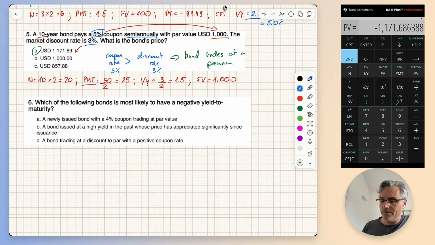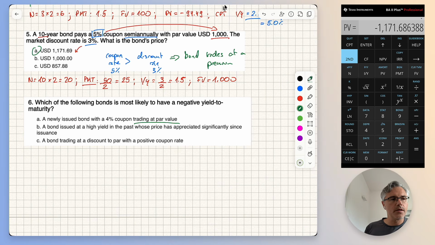And to finish off, the final one of these questions is theoretical. Which of the following bonds is most likely to have a negative yield to maturity? A newly issued bond with a 4% coupon trading at par value. Well, no. If a bond is trading at par value, which is actually very often the case with newly issued bonds.